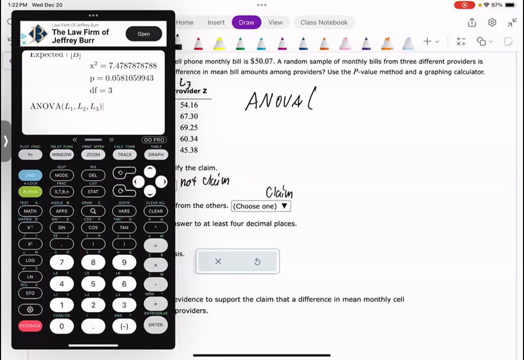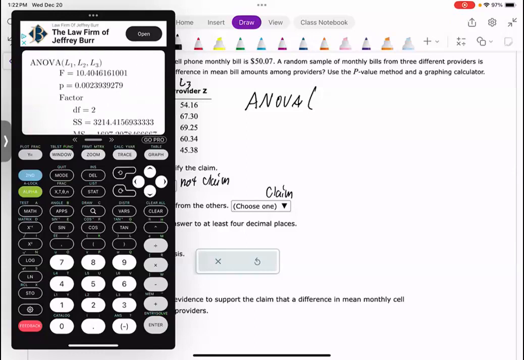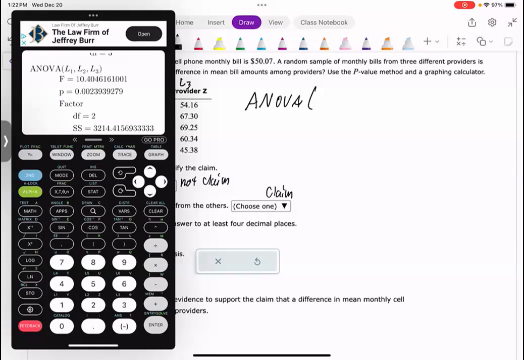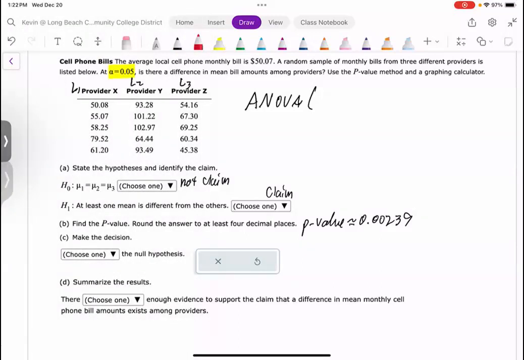And then I'm going to hit enter. And there's our F-test statistic, but we are not interested in that. We're interested in the p-value, 0.00239. And I'm going to note that that is definitely less than my alpha, which is 0.05.